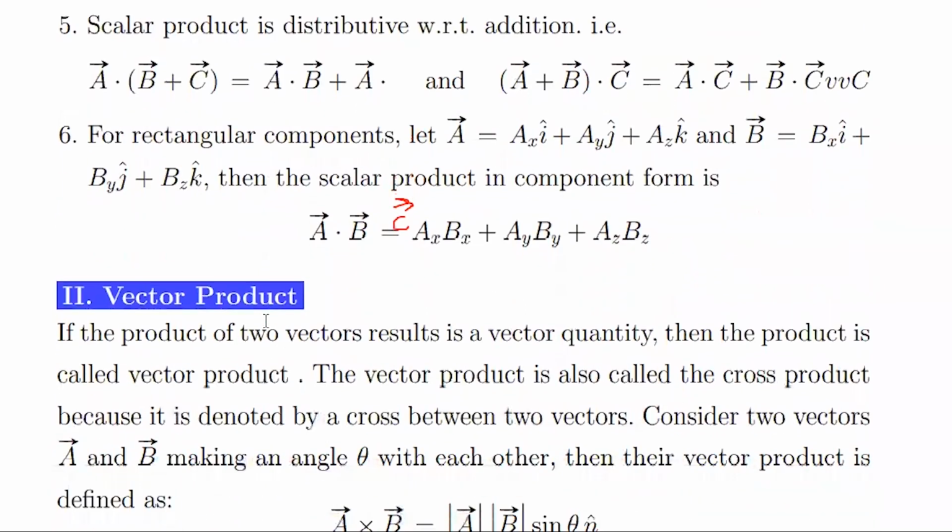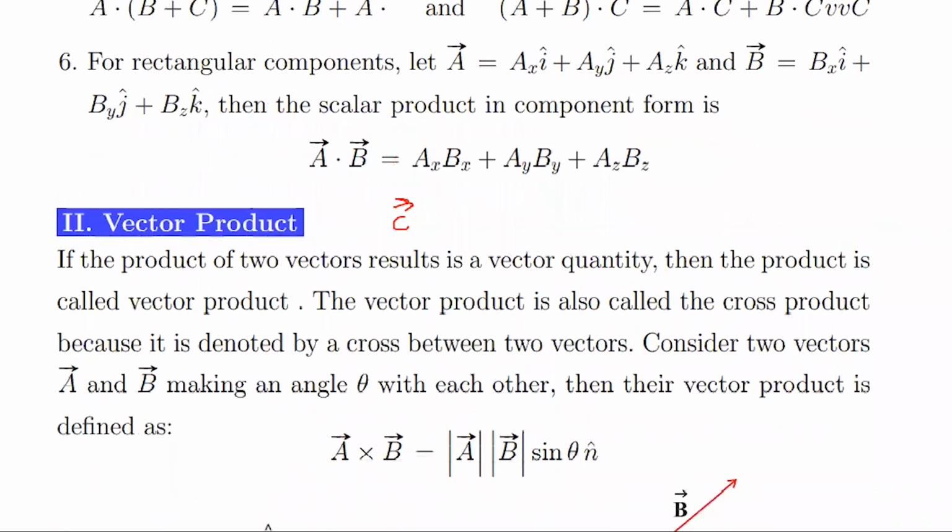Now, in case of rectangular components. Rectangular components mean a vector with all its components. For example, if there are two dimensions, then we can write A is equal to AX I plus AY J, and B is equal to BX I plus BY J. For three dimensions, there are three components, X, Y, Z, with I, J, and K. A dot B has the term AX BX times I dot I, and I dot I is equal to 1.